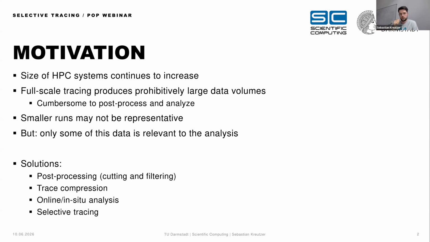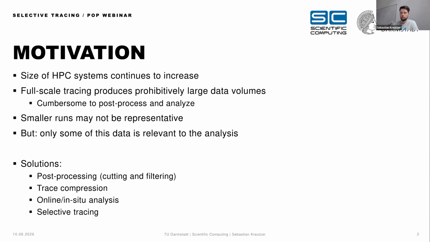On the other hand, if you switch to smaller runs and trace them, then this may not be representative of certain behaviors. And if there's nonlinear performance behavior in some aspects, that may not be captured.